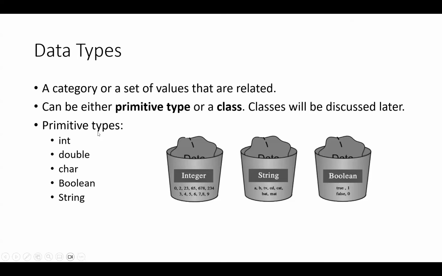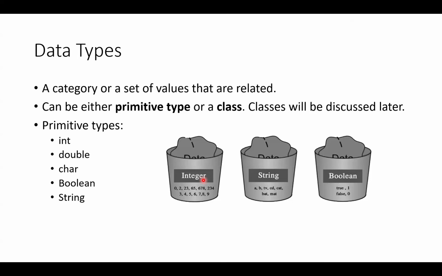So string will always process anything which is in the form of a string, which is written in the form of some words. Boolean will always take the value in the form of 0 or 1, always. Integer will always take integer values, which I mentioned, 2 to the power of 31 to negative 2 to the power of 31.